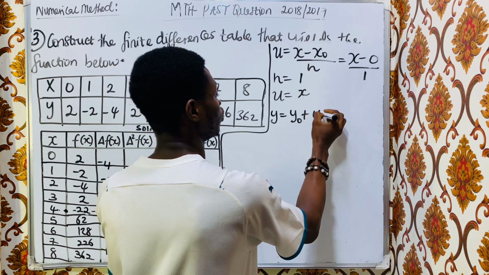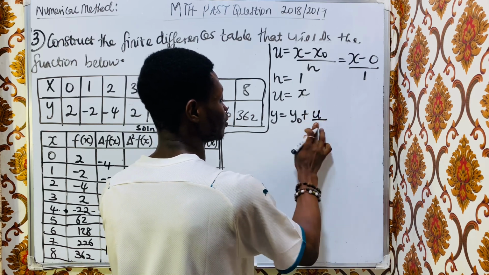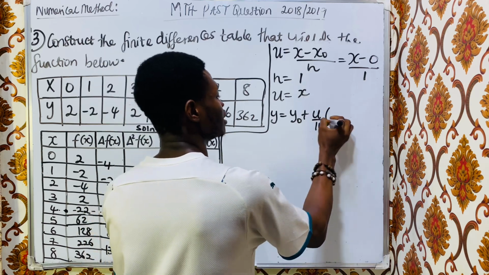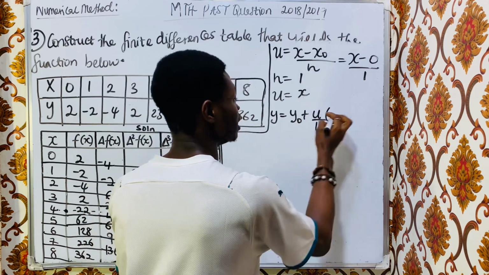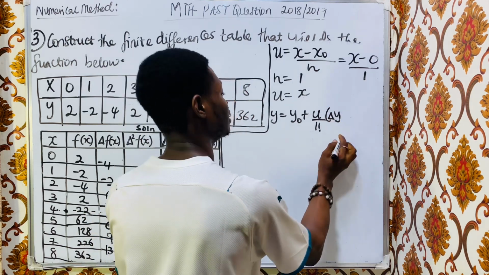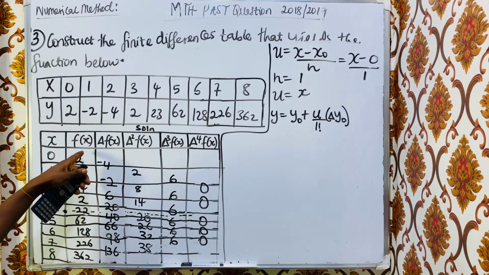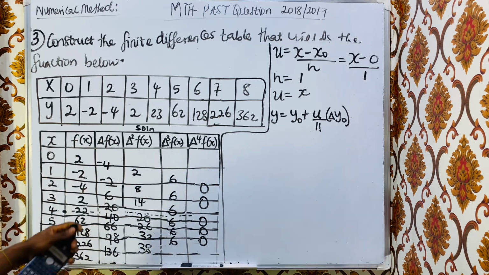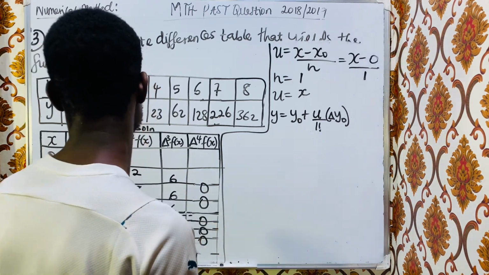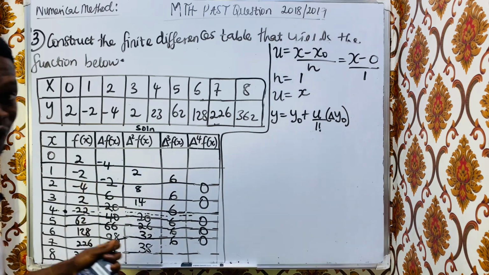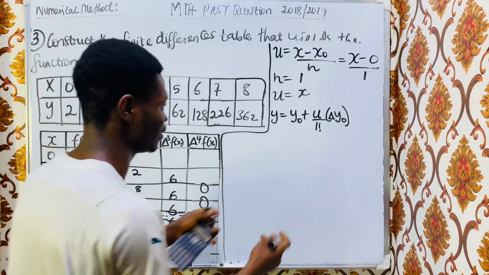Now using the formula, our y is equal to y naught plus u all over 1 factorial, then times delta y naught. Delta y naught is this first one, because y is still f of x.